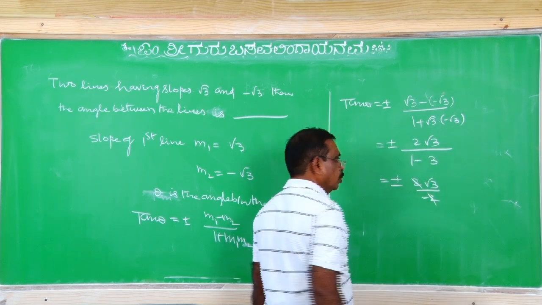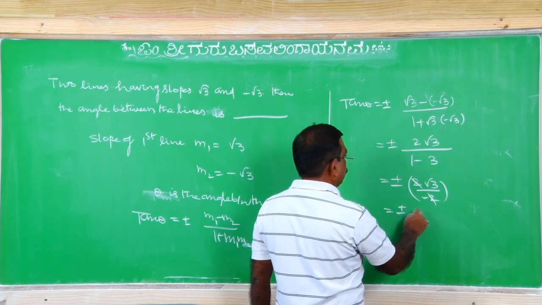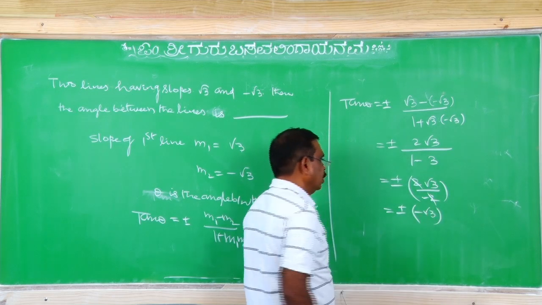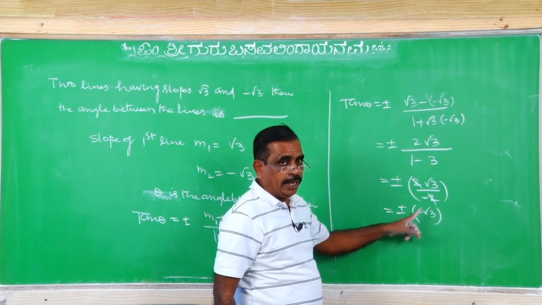The 2s cancel. You are getting plus or minus root 3. If you take plus, you get minus root 3. If you take minus, what do you get?